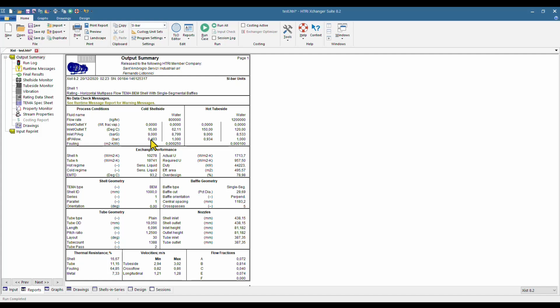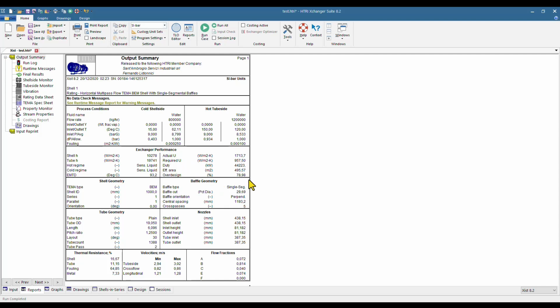So both pressure drops are within the allowable pressure drop. Shell side coefficient is 10,000, tube side is 19,000. Very high coefficients, of course.